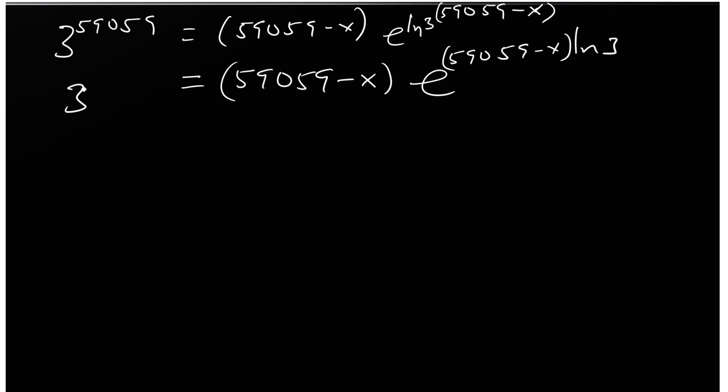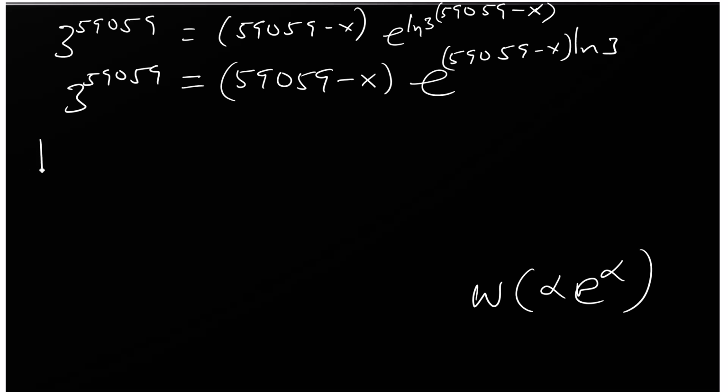And we have this side as that. Okay, so we are still working towards this one. So this side must be equal to this side, but ln of 3 is missing. So we are going to multiply both sides by that.